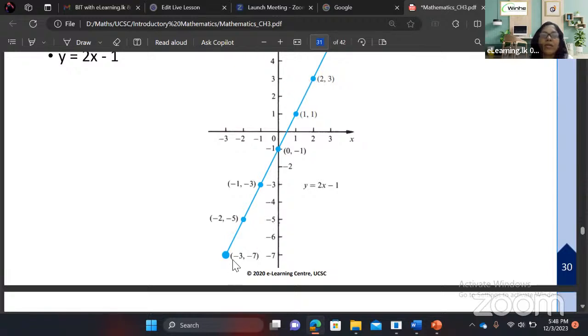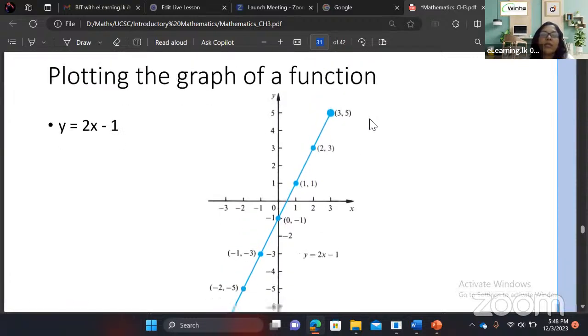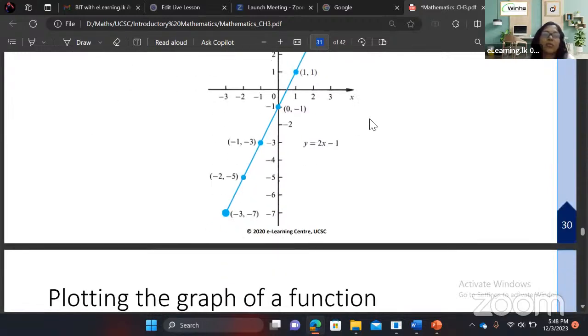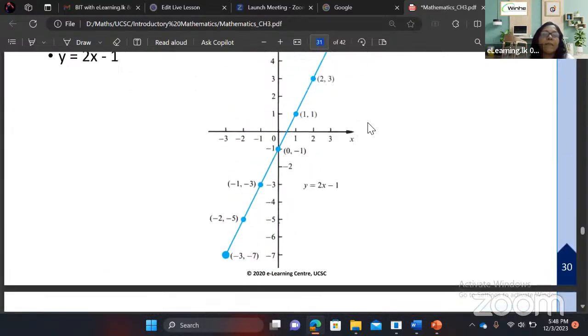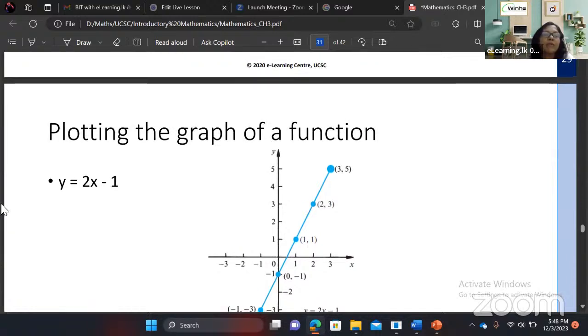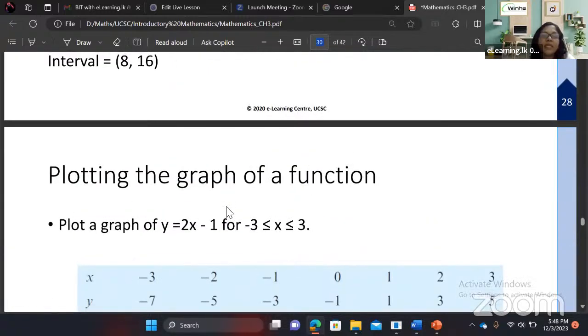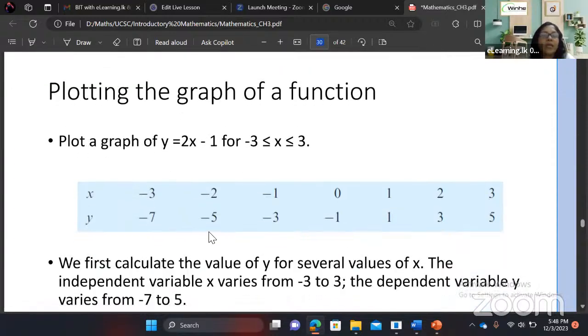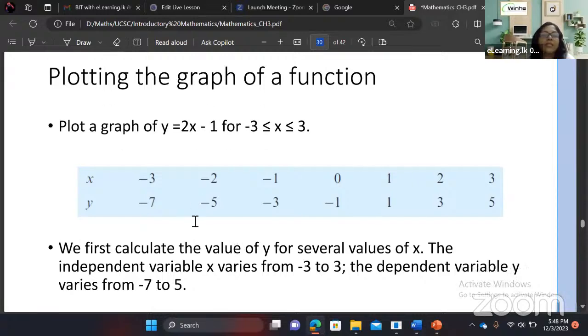Then mark each point and connect all the points by keeping the ruler, or else you can draw a straight line connecting each point. So this is the graph of y equal to 2x minus 1. If it is given as x greater than minus 3 and less than 3, then you can't get the points of minus 3 and plus 3, right?